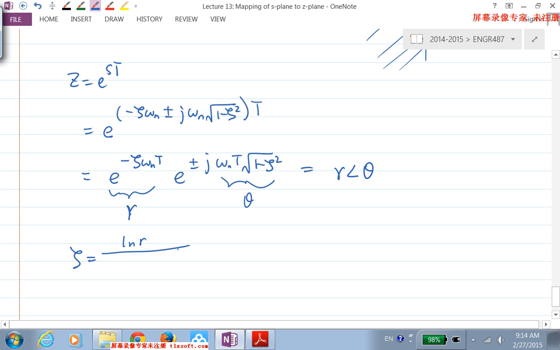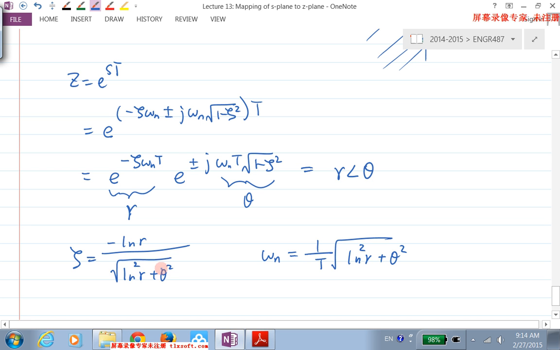Zeta equals negative ln R over the square root of ln R squared plus theta squared, and omega n equals 1 over T times the square root of ln R squared plus theta squared. So that's your zeta and omega n in terms of R and theta.